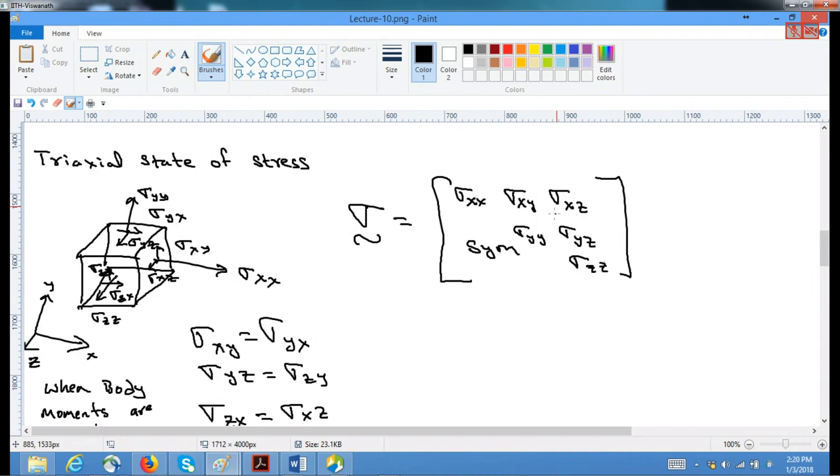So this value is the same as this value, and this value is the same as this value. Now this is the triaxial state, or 3D state.